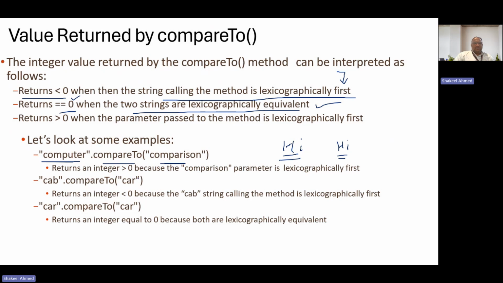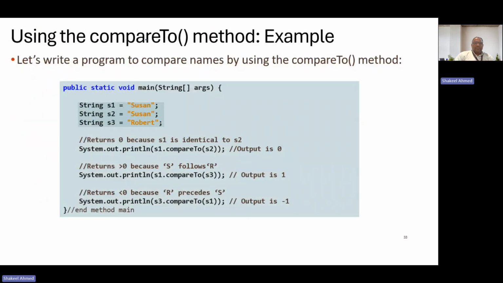Cab compared to car: because of the letters that they have, the string calling the method is lexicographically first, so it is not similar, and it is less than 0. And car compared to car: yes, both of them are equal, so it will return a value equal to 0. That's where the return values will be checked to get the numbers.